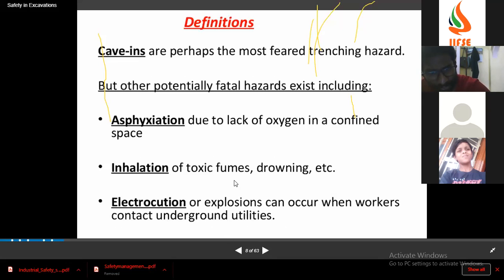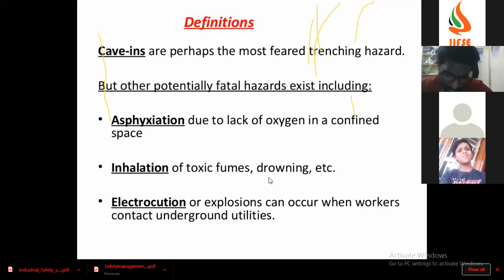Why did drowning come here? Because there may be a flood. Why will a flood come? If tunnel work is going on beside a lake or some sea area, they make sure there is a safe distance, maybe 200 to 250 kilometers.